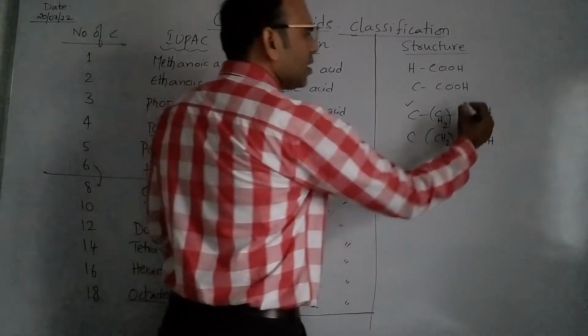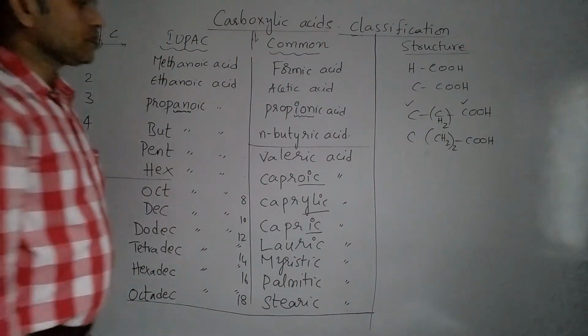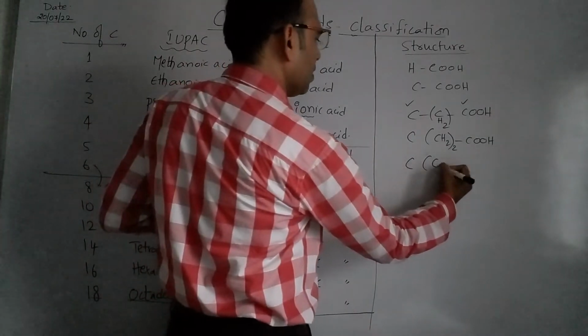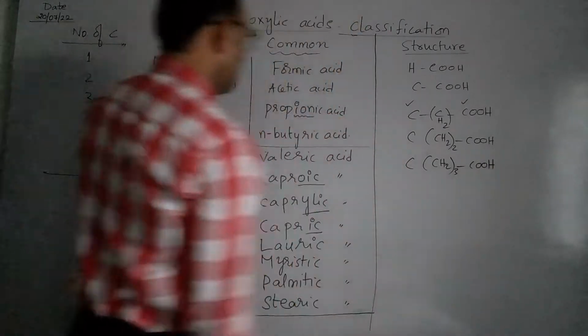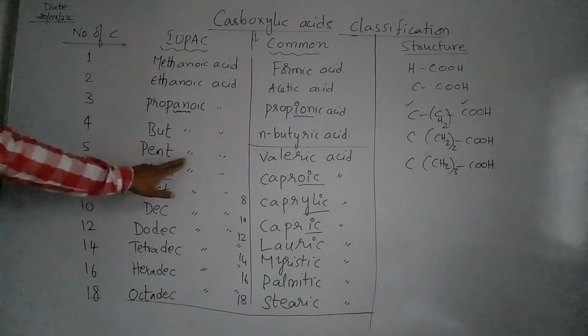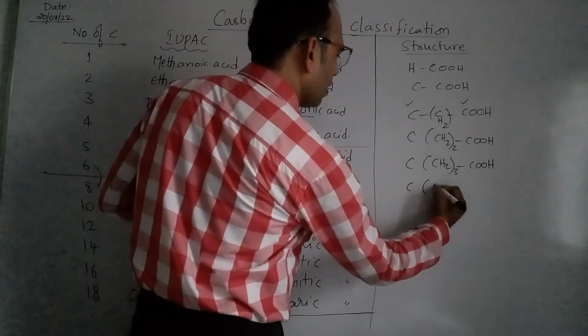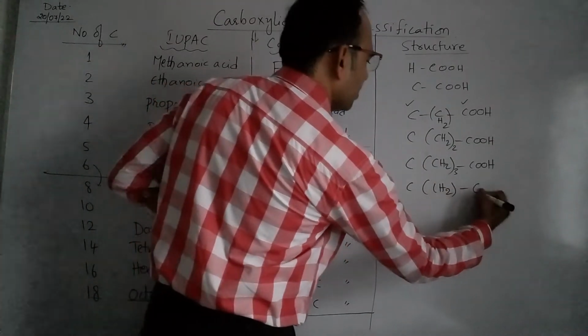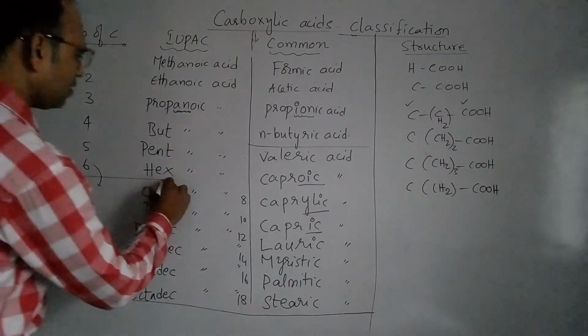To the left, write carbon, and to the right, mention the carboxylic acid group. Next, CH2 three times and COOH, that is 5 carbons: pentanoic acid, valeric acid. Next, caproic. First increase the number. So we have 6 up to this.